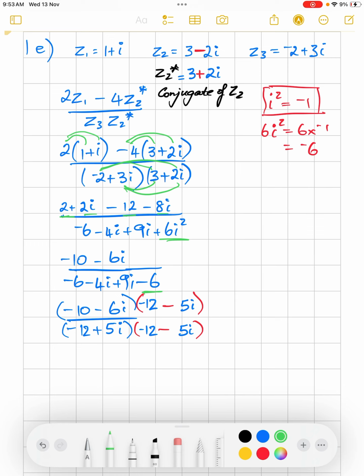Let's see what we get here. We get 120. Negative 10 times negative 5i is positive 50i. We get negative 6i times negative 12 is positive 72i. And negative 6i times negative 5i is 30i squared.